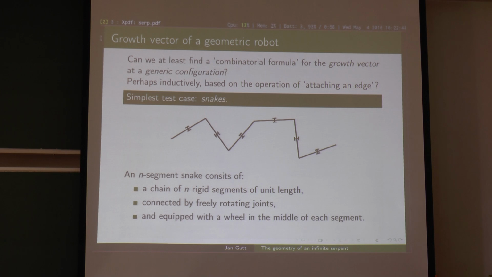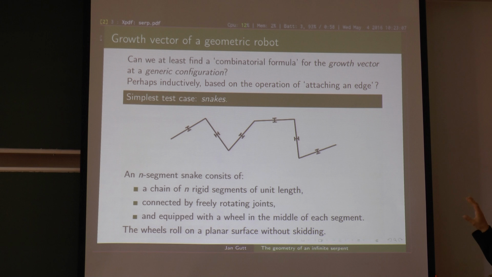And each of them is equipped with a wheel. For convenience, I put the wheel in the middle of each segment to make it as simple as possible. Of course, you could say, well, maybe I don't need to put wheels on some of these segments. So to obtain the simplest case, we put wheels everywhere. And the condition is, as we have already remarked, that the wheels roll on a planar surface without skidding. So this is an n-segment snake.